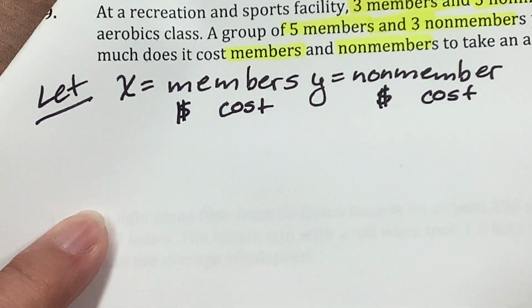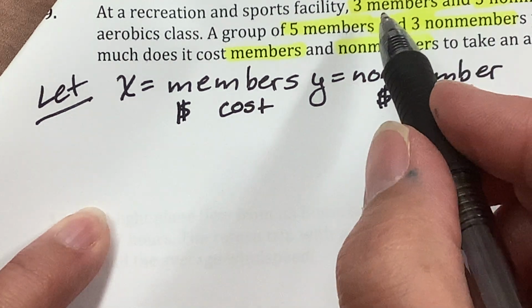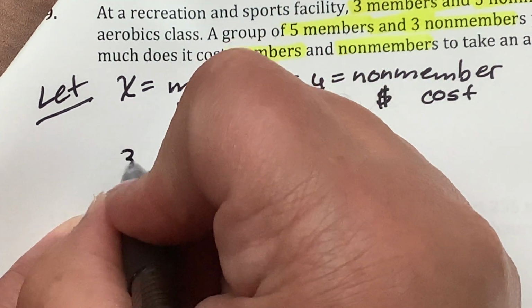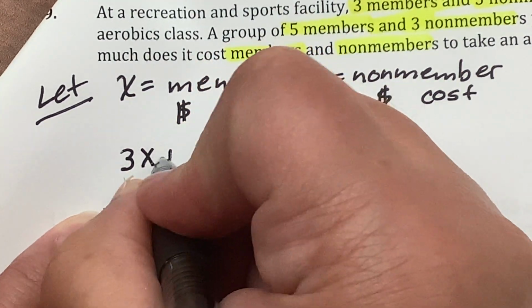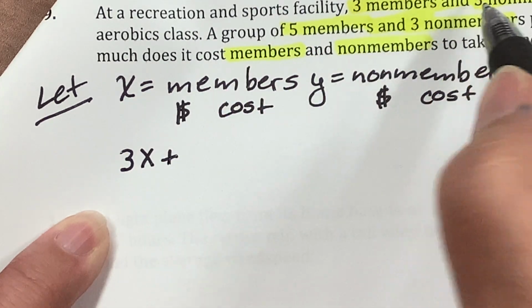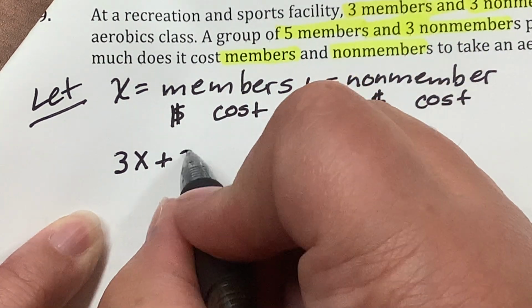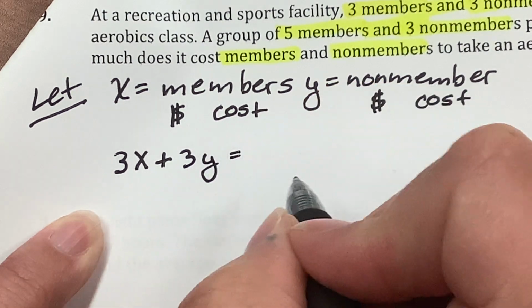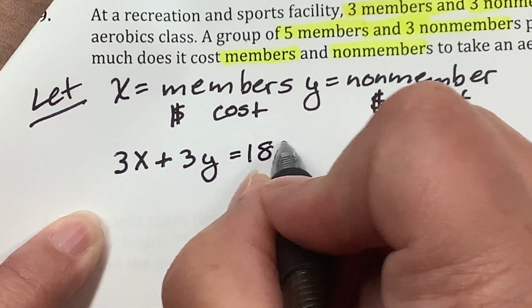So the next thing I have to do is write an equation. 3 members, so 3 times x plus, because remember, and is plus, 3 non-members, 3y, equals $180.